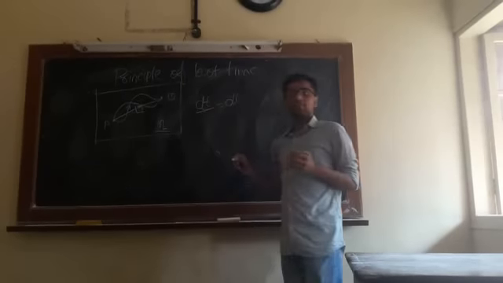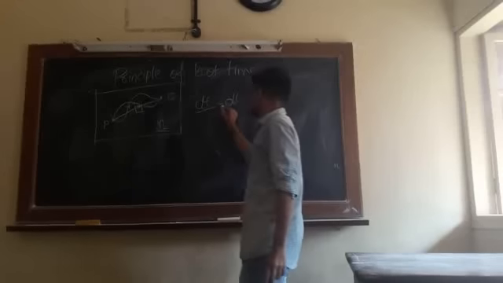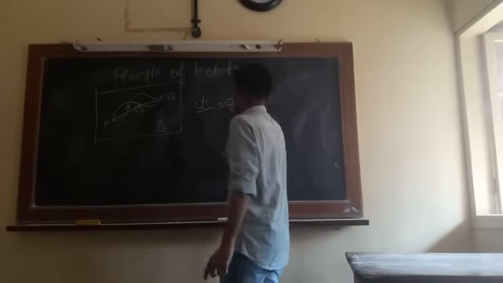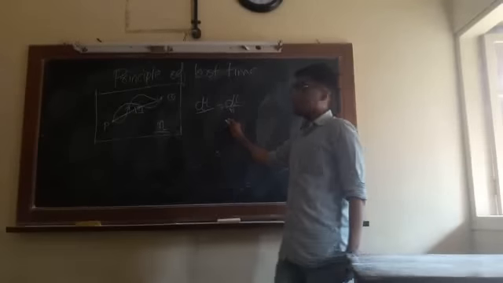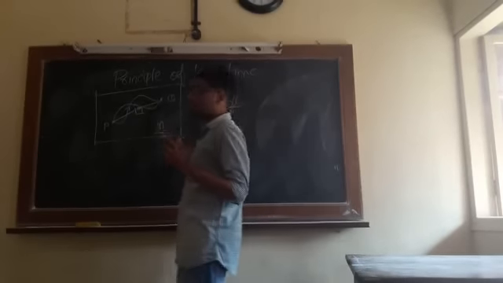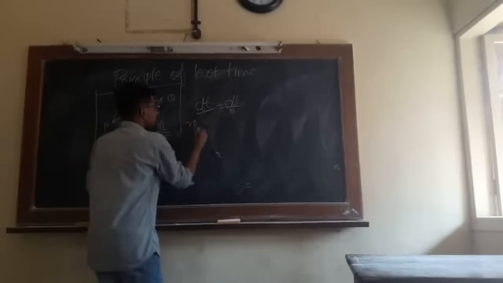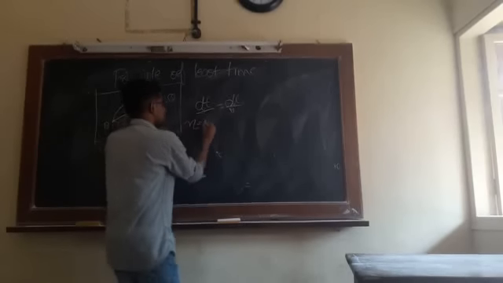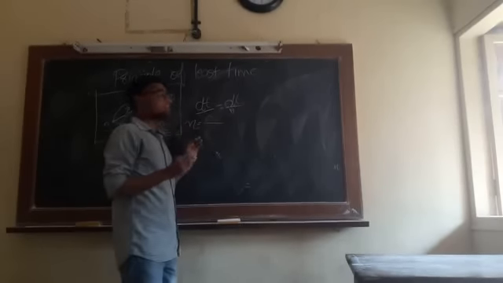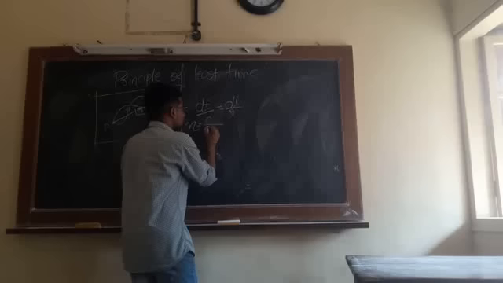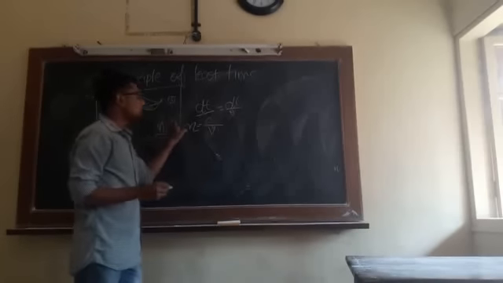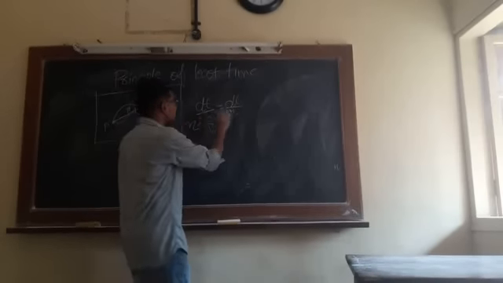So from the velocity equation, we can write like this. And as we all know, what is the refractive index of the medium? Eta is nothing but the ratio of the velocity of light in vacuum to the velocity of light in the given medium. So we will put the value in this equation.